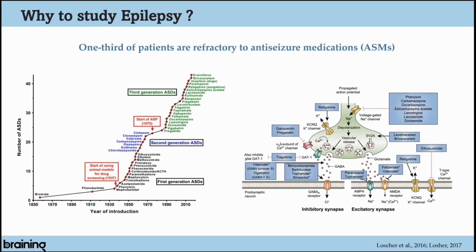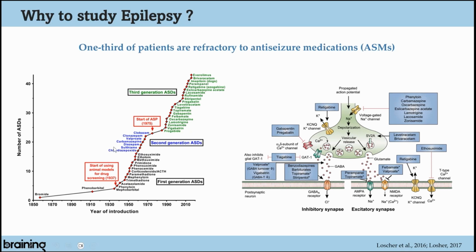Well, to study epilepsy is indeed very important because we have around 65 million people worldwide that have epilepsy. And despite having already 3 generations of anti-seizure medications, 1/3 of patients are still refractory to medication. So 1/3 of 65 million makes 20 million people.